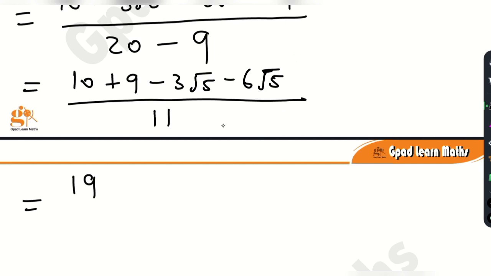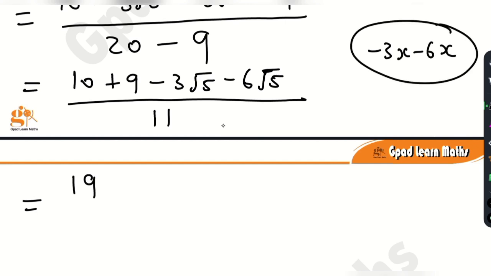What about this? See, negative 3 surd 5 minus 6 surd 5. They are like surds, if you like to use that word. It's just like algebra. If you have negative 3x minus 6x, they are like terms because they have the same letters, x and x. So you can subtract in this case. This will be negative 9x. That's how surds also work.